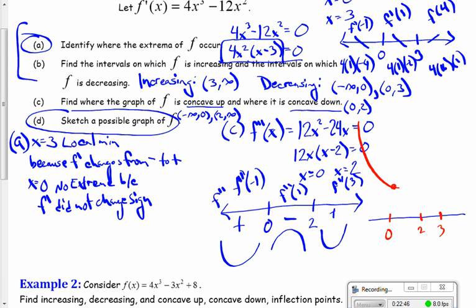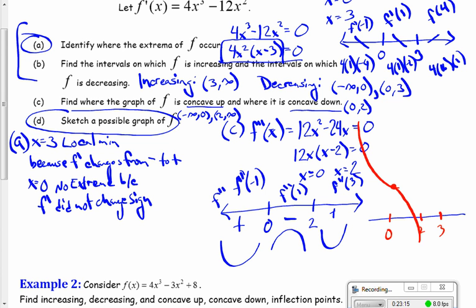Good? That would hold water if I were to pour water into it, so it's concave up. From 0 to 3, it's falling again. But from 0 to 2, it's concave down. So from 0 to 2, it's concave down and falling. And then what happens at 2?